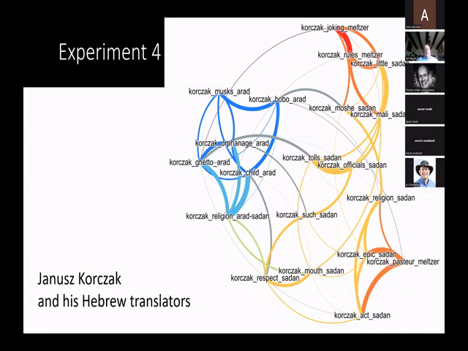So as you can see, what we see here is this sort of strength of the authorial signal that survives translation into a very different language, but also within the authorial signal in translation, we also see the signal of the translator.